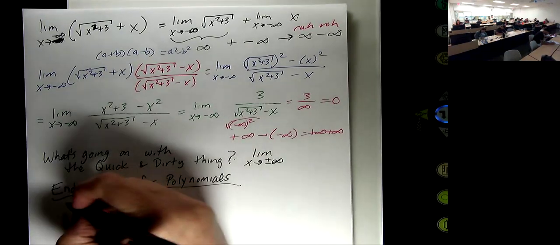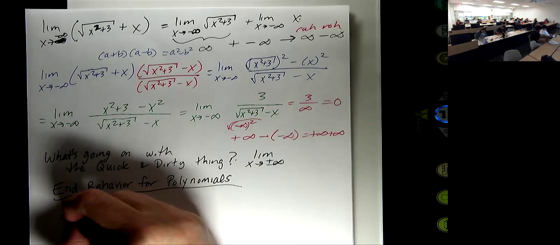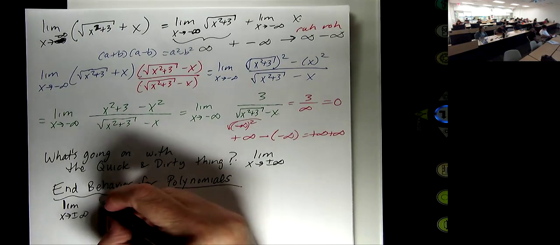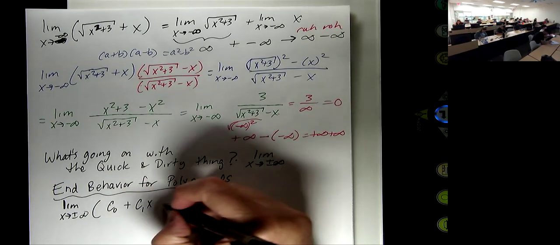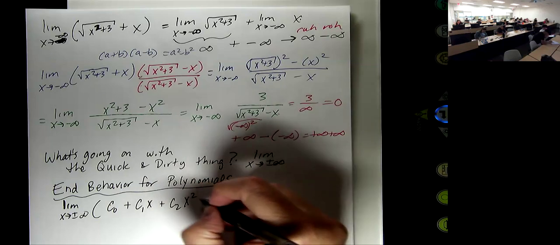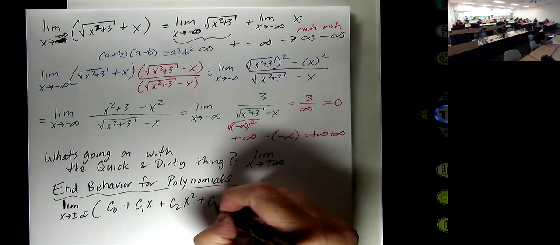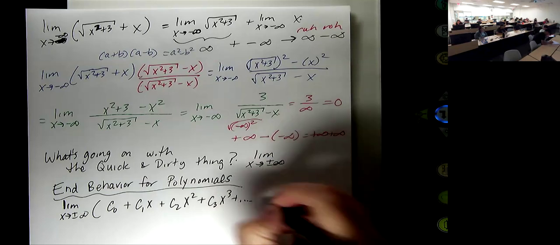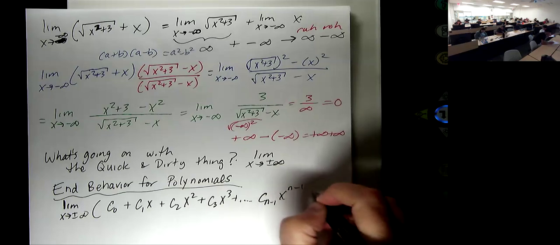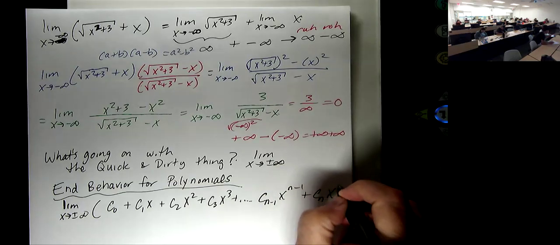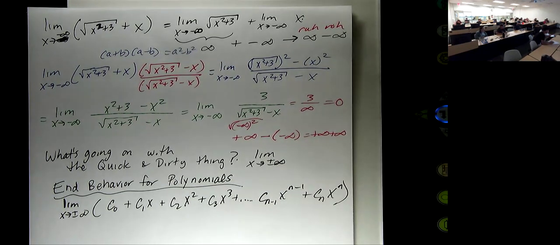Let's say I have some polynomial, we'll call it C0 plus C1x plus C2x squared plus C3x cubed plus dot dot dot, Cn minus one x to the n minus one, plus Cn x to the n. It's written in backwards order. Normally we write the largest power first.